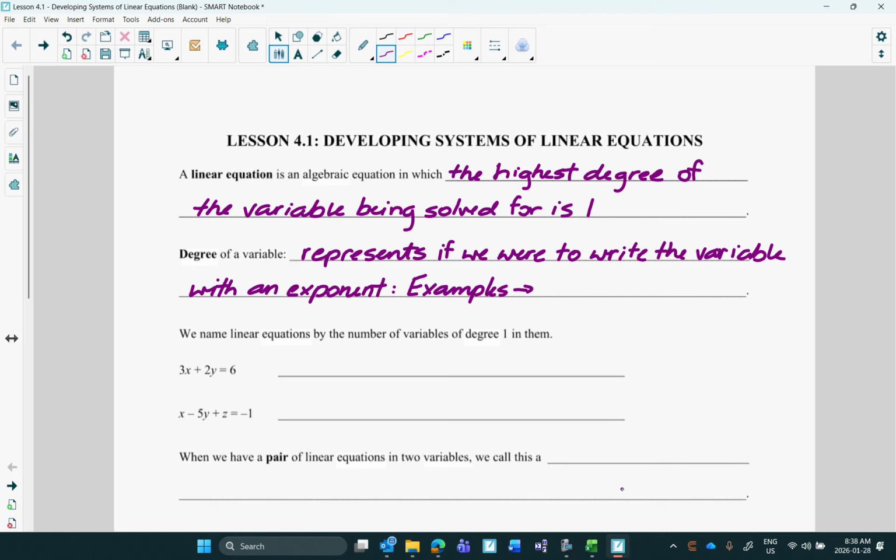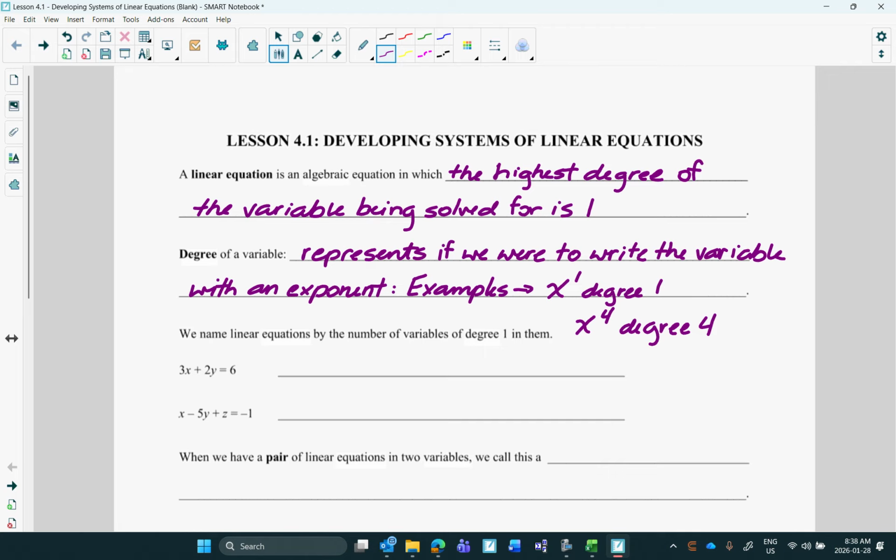If you have a variable which is just x, what's the exponent that we would put here? We just normally don't write it. 1. So therefore, this would be degree 1. That's all that means. If I gave you one like this, x to the 4th, we would call it degree 4. And so on.